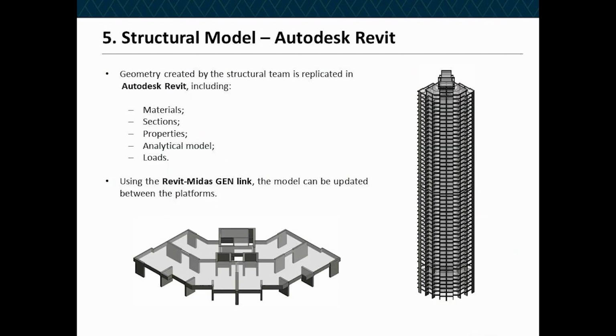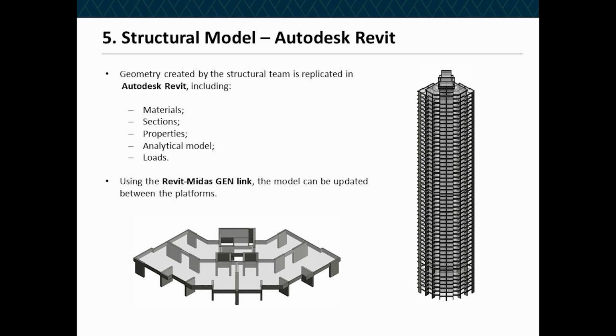Well, now heading to the structural model, it all started in Autodesk Revit. In this case, the structural team, as I said, did not work with MIDAS Gen, and their platform did not allow exporting to Revit or to some kind of file that could be imported by MIDAS Gen.